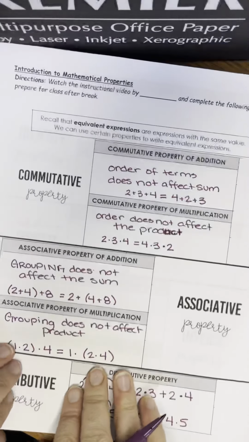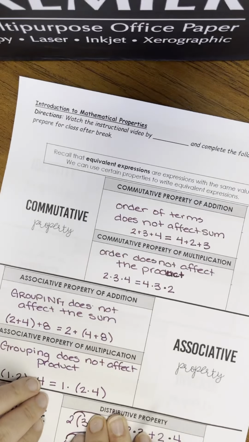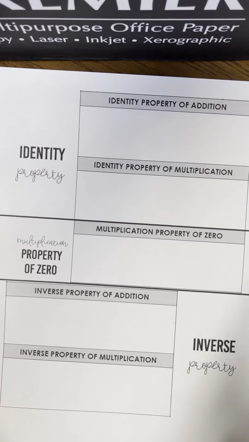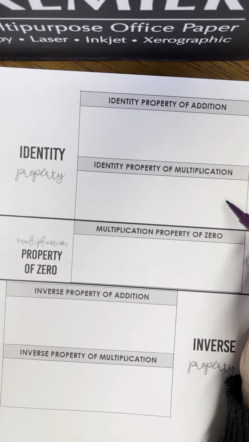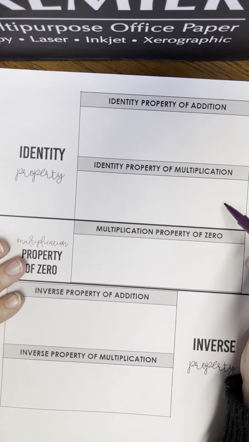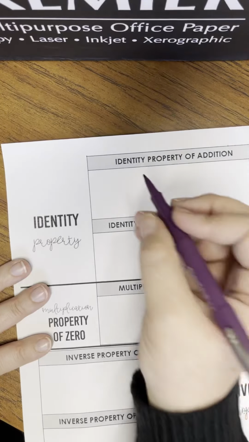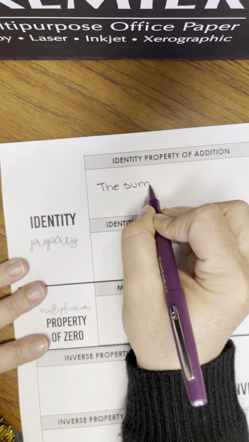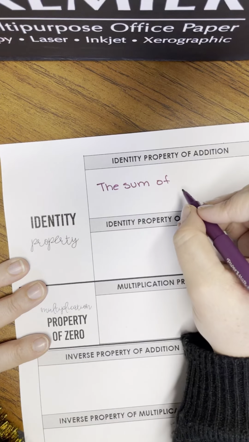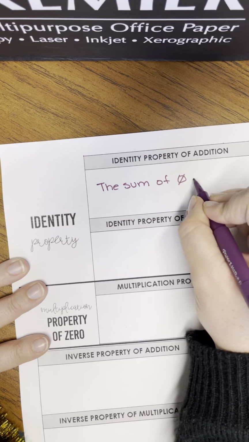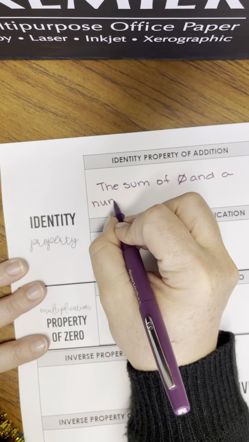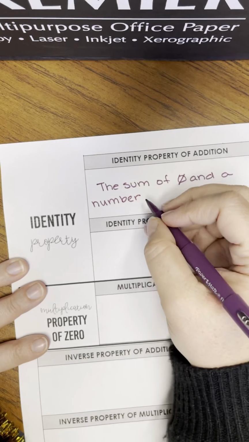All right, so our next property that we're going to talk about or introduce you to is identity properties of addition and multiplication. So the identity property of addition is the sum of 0 and a number is itself.